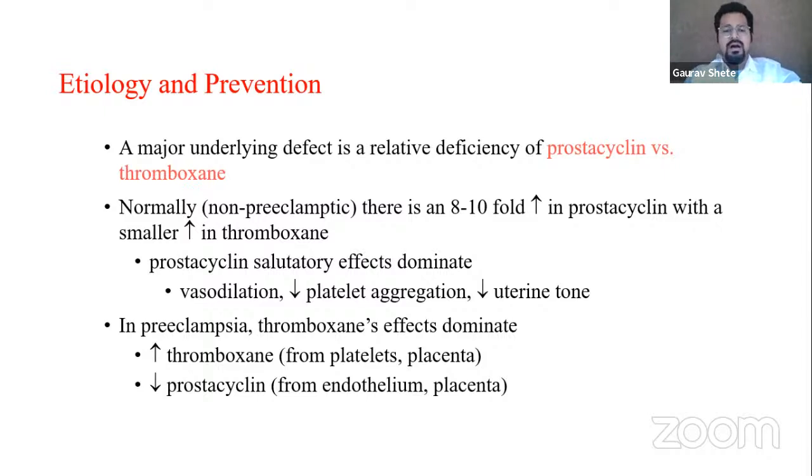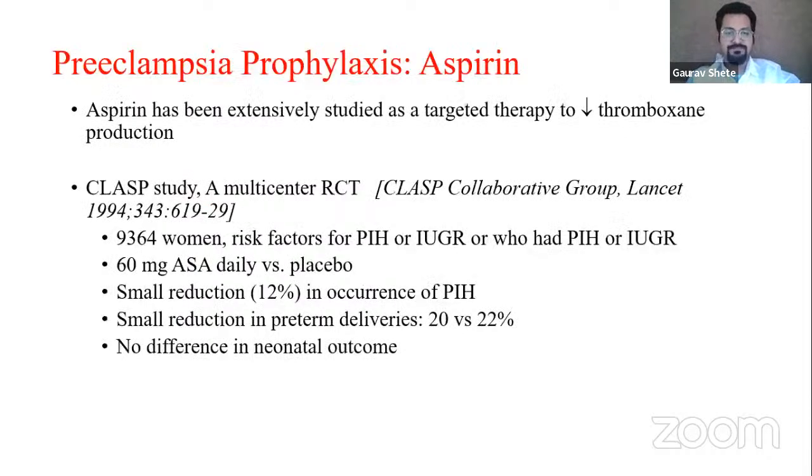Prostacyclin usually causes vasodilatation, decreased platelet aggregation, and decreased uterine tone. In preeclampsia, this ratio is altered. There is an increase in thromboxane A2 and a decrease in prostacyclins, because of which the patient is more susceptible to preeclampsia.